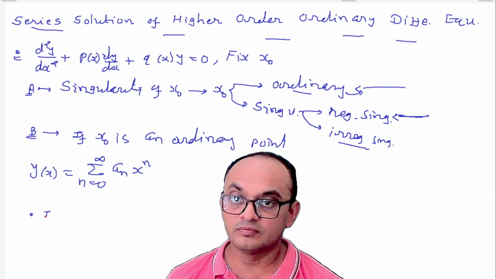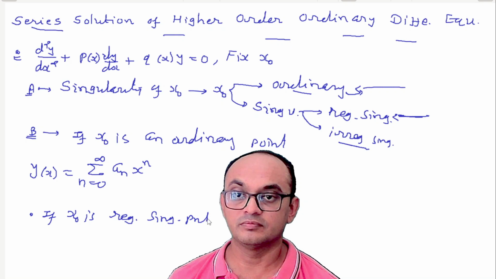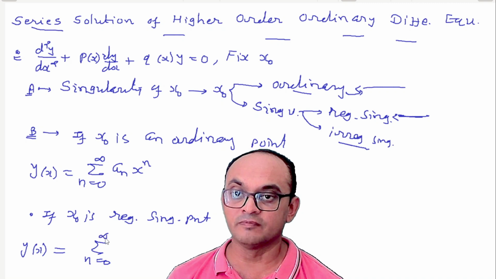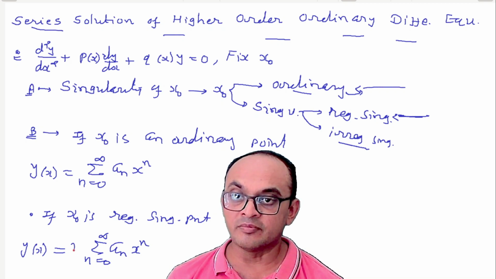If x0 is a regular singular point, then what is the solution? y(x) is equal to, I am writing the same thing, summation n equal to 0 to infinity a_n into x raised to n. Additionally, here I am writing x raised to n.